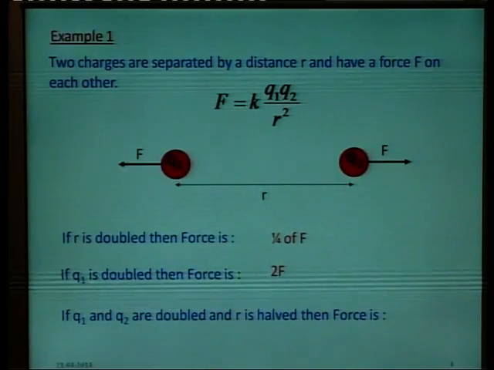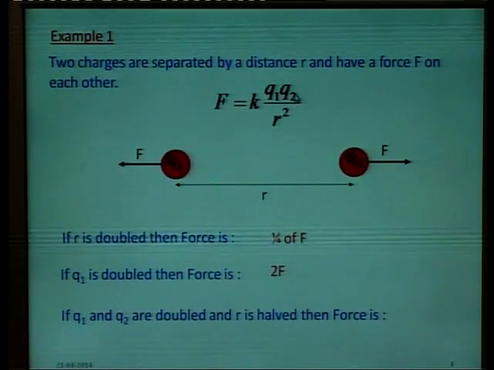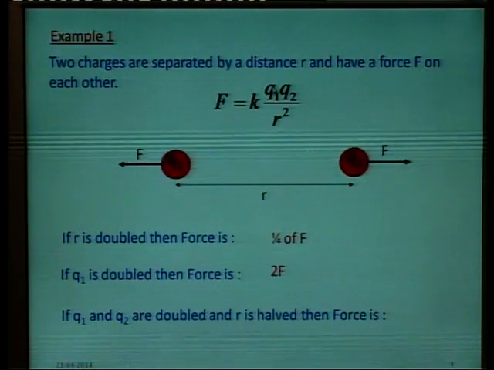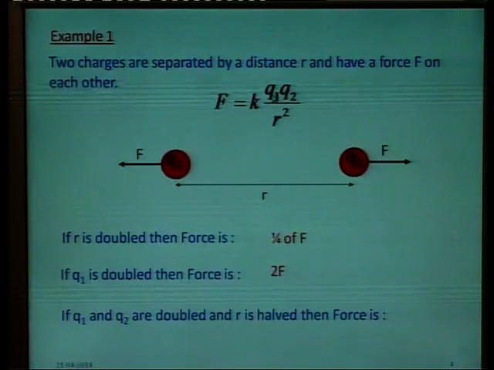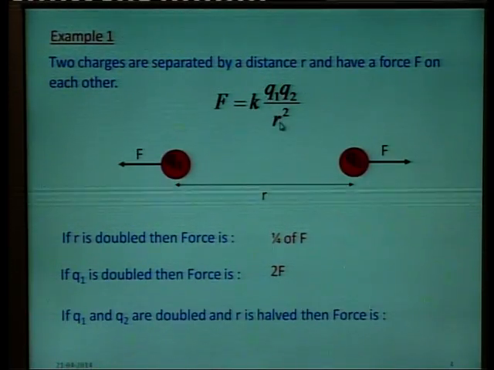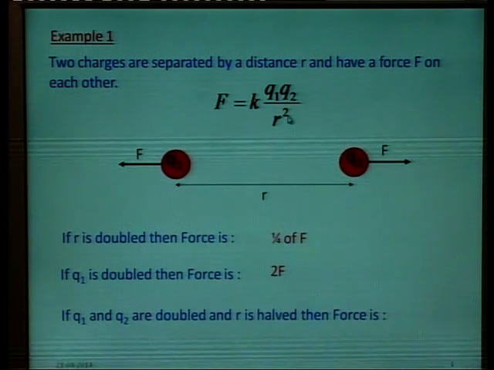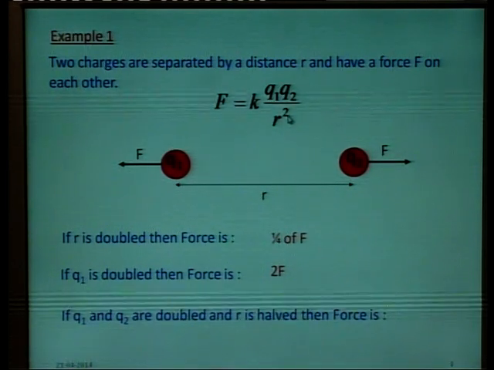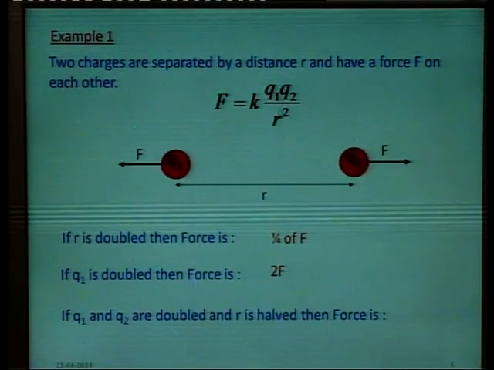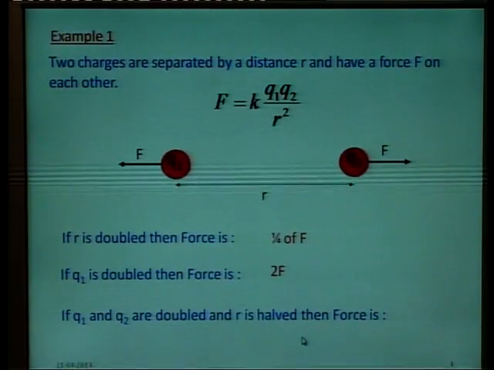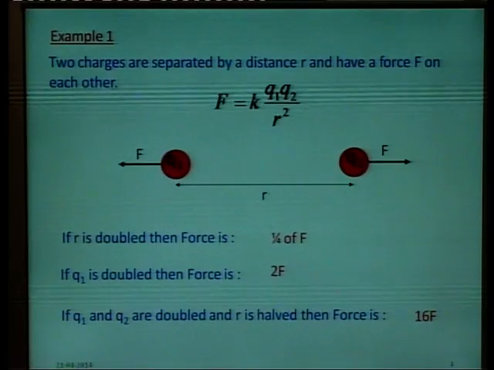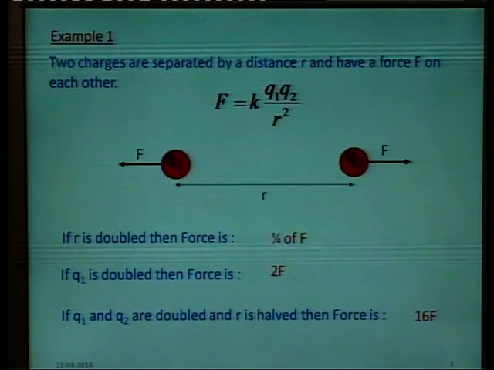If both Q1 and Q2 are doubled and R is halved, Q1 has become 2 Q1, Q2 has become 2 Q2, so 2 into 2 becomes 4. R is 1 by 2 R, 1 by 2 R square means 1 by 4 R square. So, the 4 from the denominator goes up, 4 into 4 will give you 16. So, then the force is 16 times the initial force that was present between the two charges.